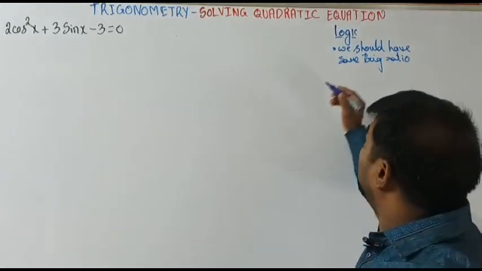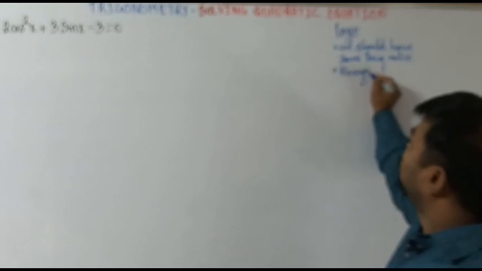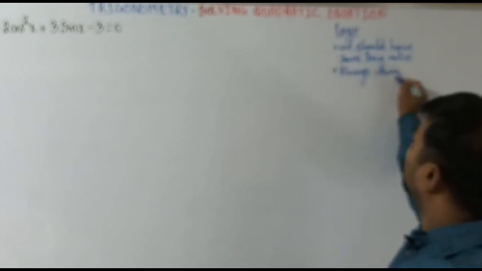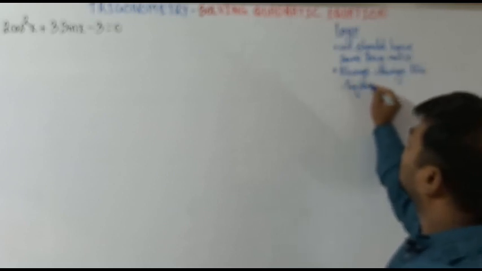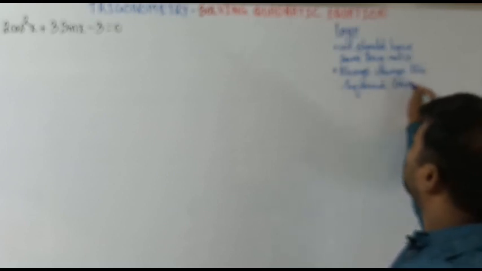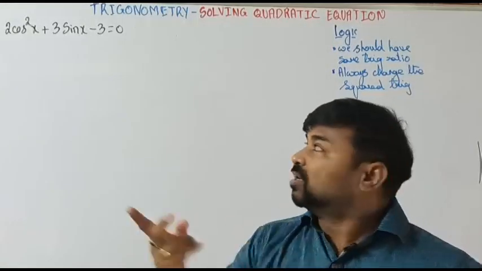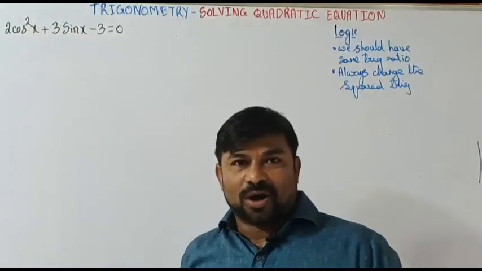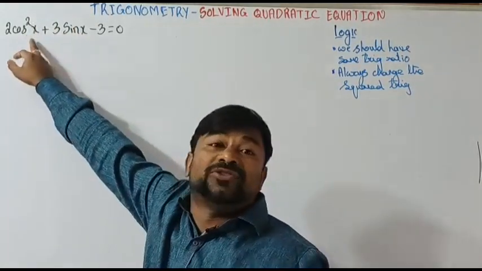Okay. Now, what is the logic we have to find? The next logic is to always change the squared trig. Please remember this. We are having two trigs. One is sine, one is cos. Which one shall we change? Change the squared trig.